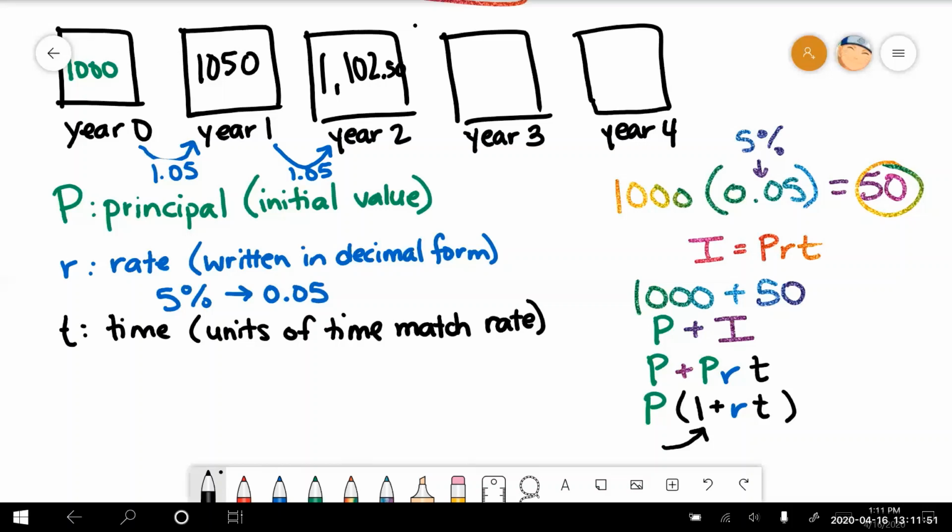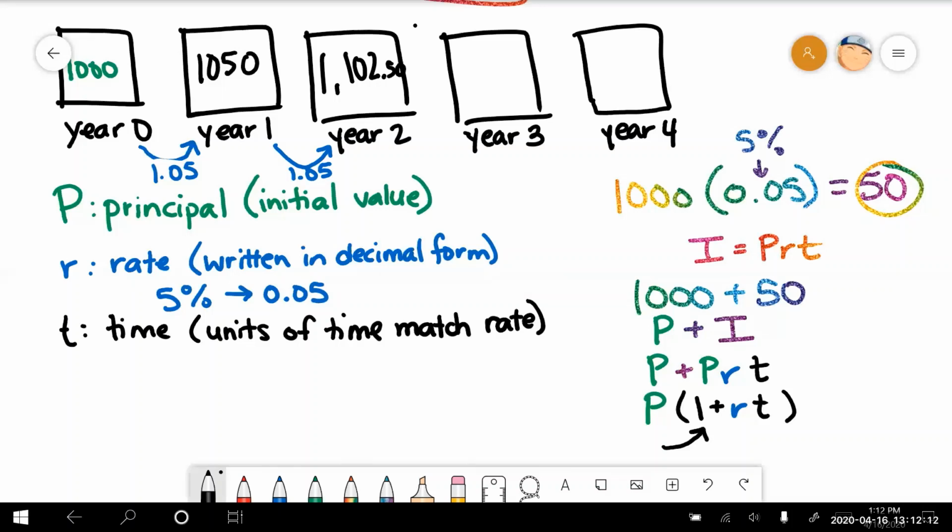So let's transfer this information into a table so that maybe we can come up with some sort of equation to show how this money is changing over extended time. The reason I need an equation is because if I ask you how much money you're going to make by the time you retire, and if you are, I don't know, 18 years old, that can be 50 years from now.